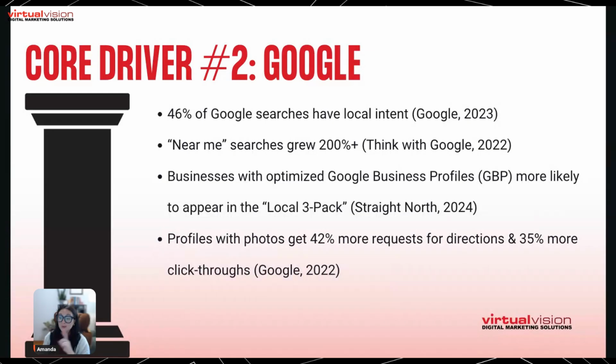Finally, in 2022, again 3 years ago, Google produced that profiles with actual photos, not stock photos, get 42% more requests for directions and 35% more click-throughs than those that don't. Google is a key pillar for ROI, because all of these things I noted here are free. These are the free organic pieces of Google that are important to understand.